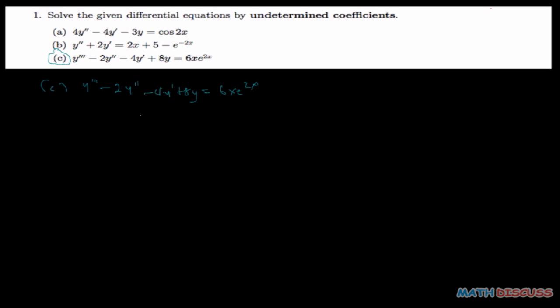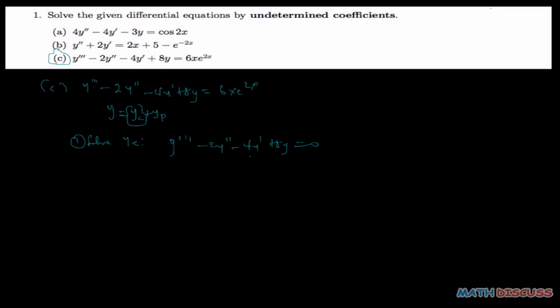Again, like the previous ones we have solved, the general solution is going to be of the form y equals yc plus yp. Now to find yc, we solve the homogeneous equation associated with this DE: y triple prime minus 2y double prime minus 4y prime plus 8y equals 0.